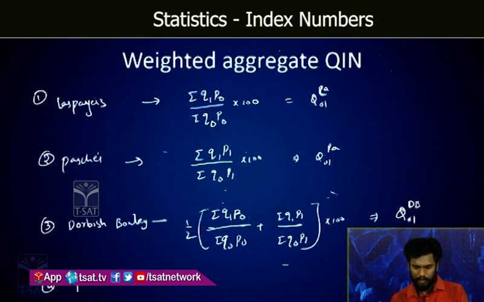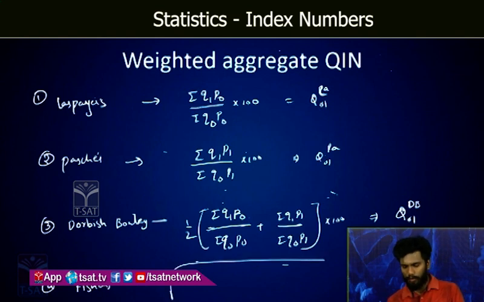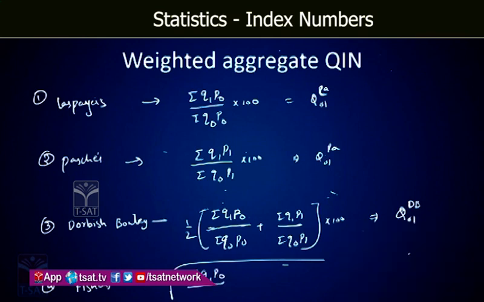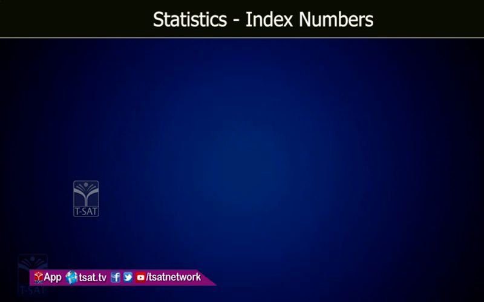The fourth is Fisher's, and it is given by the square root of the product of Laspeyres and Paasche, which is denoted by Q01 F.